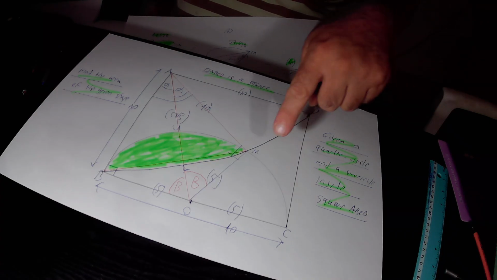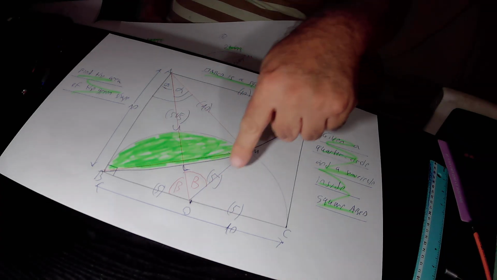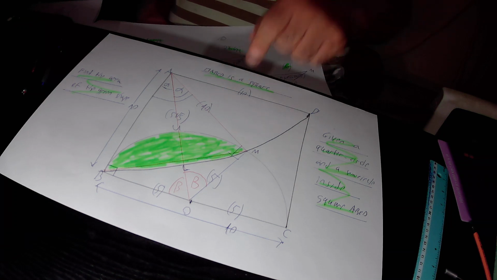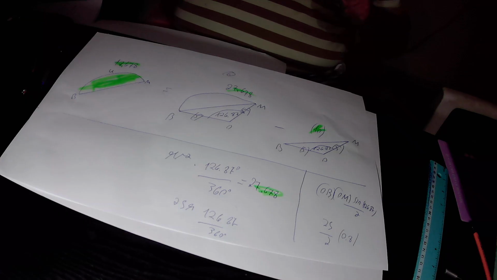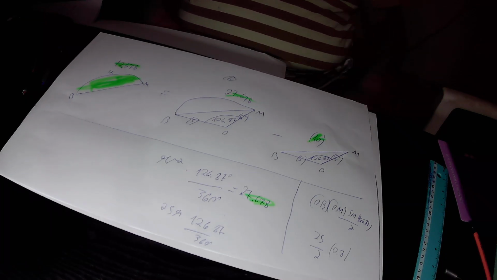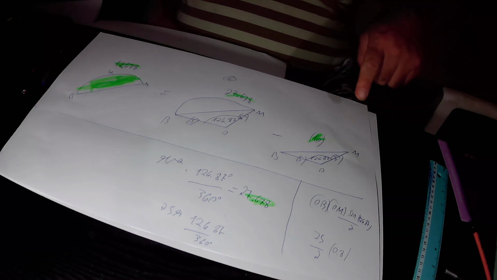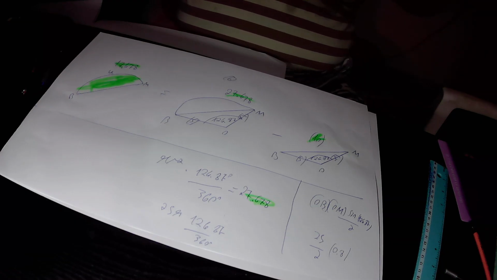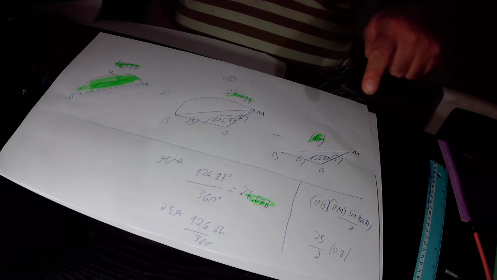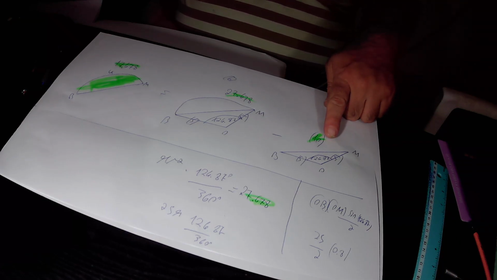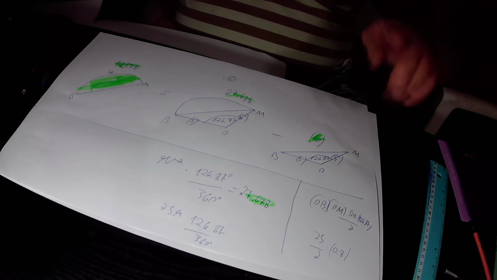BO is 5. Again, BO is 5, OM is also 5, and the angle 2 beta is 126.87 degrees. According to the formula that I presented to you a couple of minutes ago, the area of this triangle BMO will be equal to BO times OM times sine of 126.87 degrees over 2.